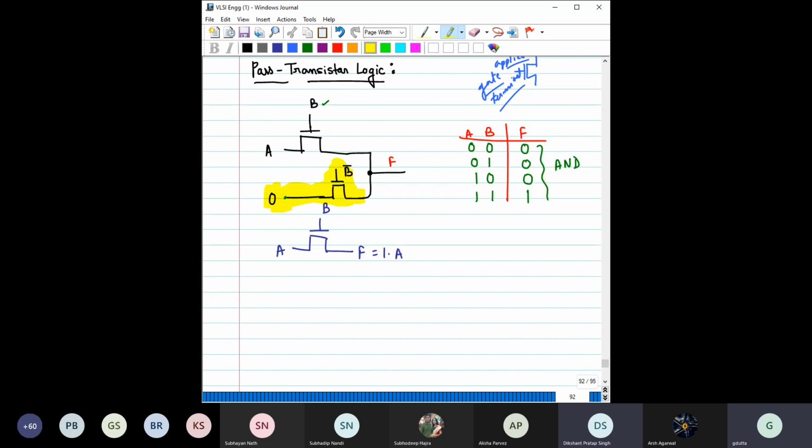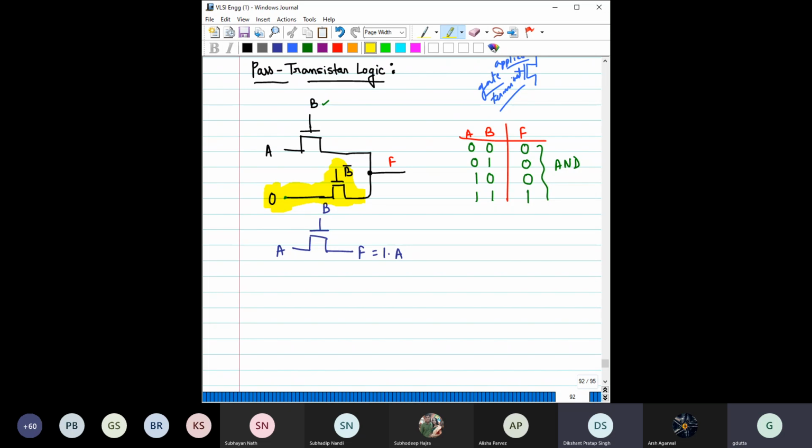In many cases you will see that if you are implementing some gate, you have to make sure that you are getting all the combinations of the truth table, right? Otherwise, in some cases you might check only some of them, and using only one or two transistors you are getting those combinations correct.